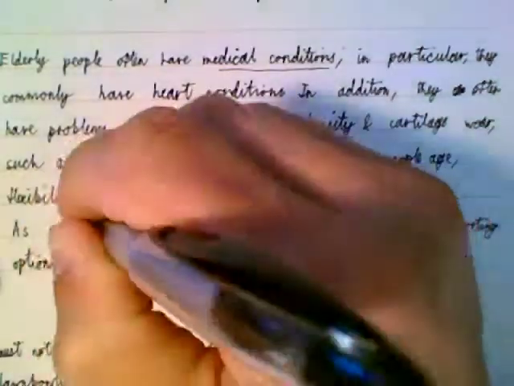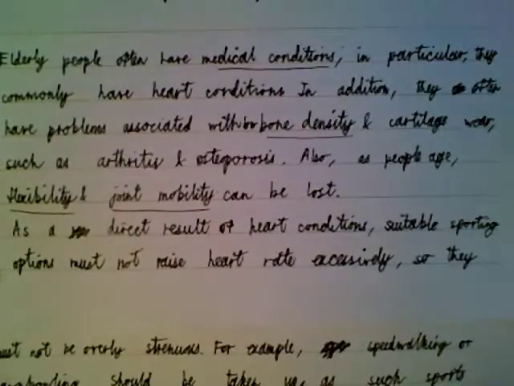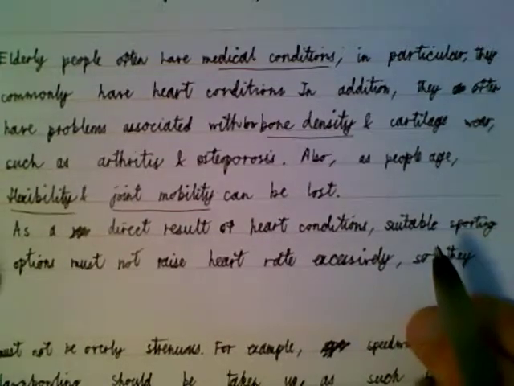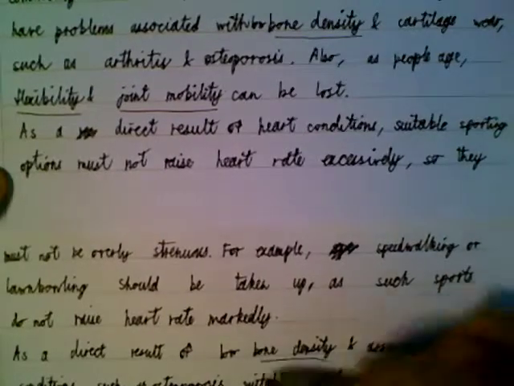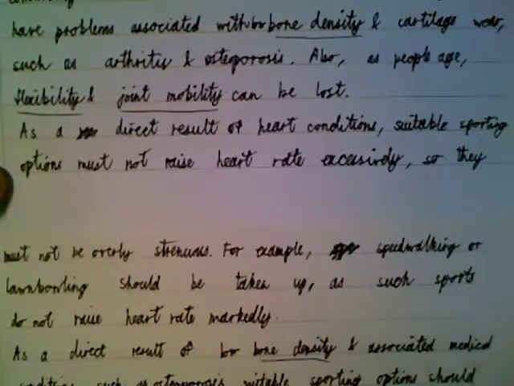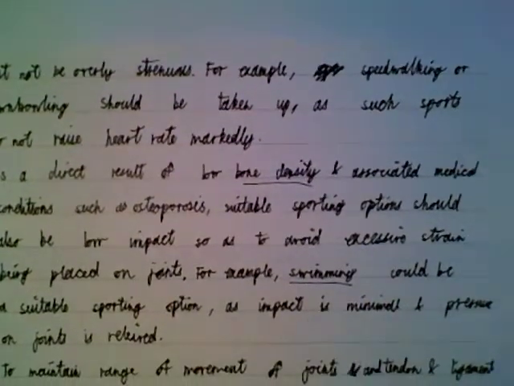Flexibility, joint mobility. So the marker can straight away start to see that there are some parts of the syllabus that have been answered. Again, talking about bone density down here. The example being for swimming, bone density. Looking at swimming, these need to be in there.